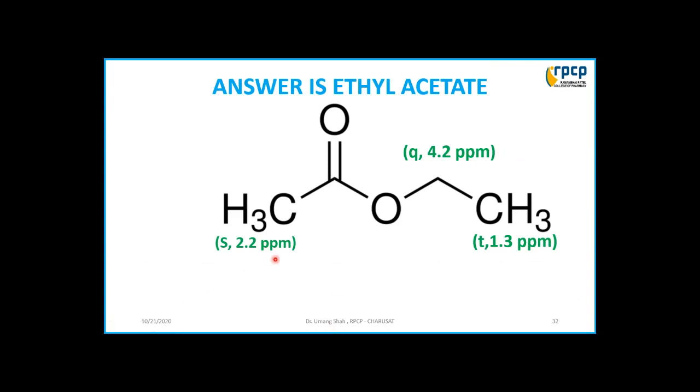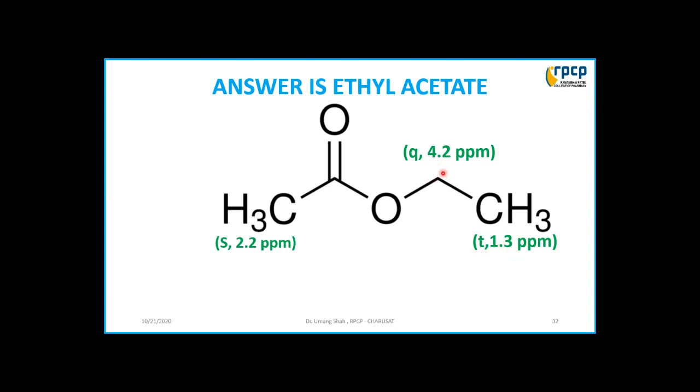This is the exact delta value. The singlet appears at 2.2 ppm because it is attached to the carbonyl carbon. Here the triplet is at 1.3 ppm. Generally it appears at 0.9, but here the inductive effect operates. There are alpha and beta carbons, so the inductive effect operates up to the gamma carbon, and due to that it appears at 1.3 ppm.